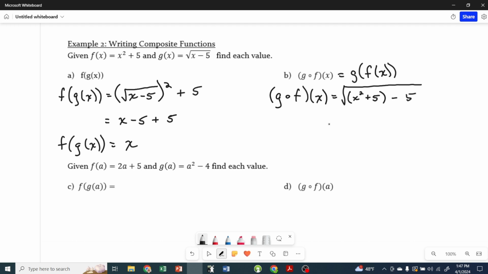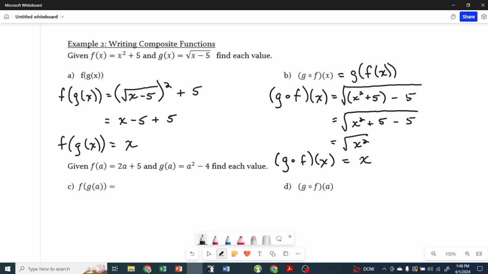We're going to just clear our parentheses here, so I'd end up with x squared plus 5 minus 5. So 5 minus 5 is 0, so the square root of x squared. So g of f of x is equal to the square root of x squared, which is x.